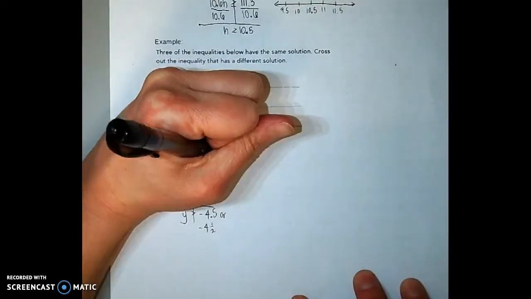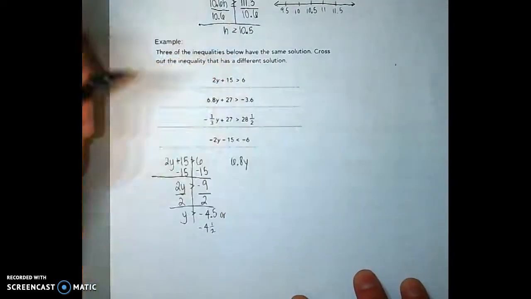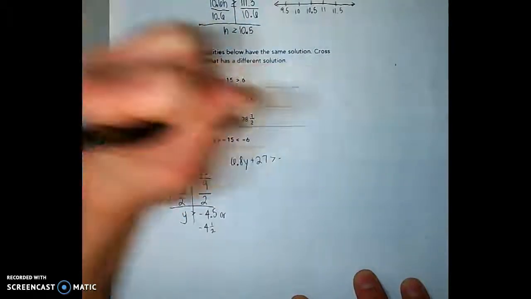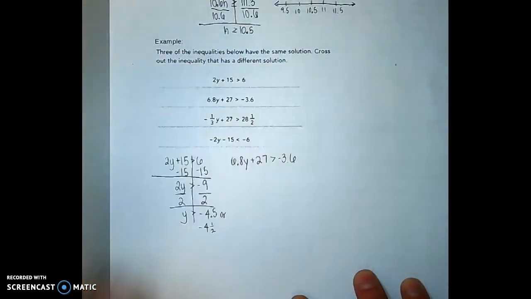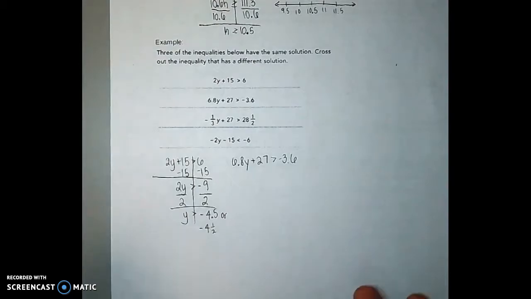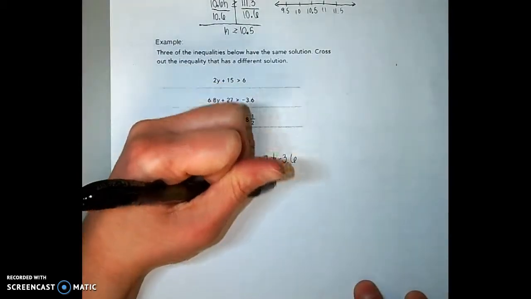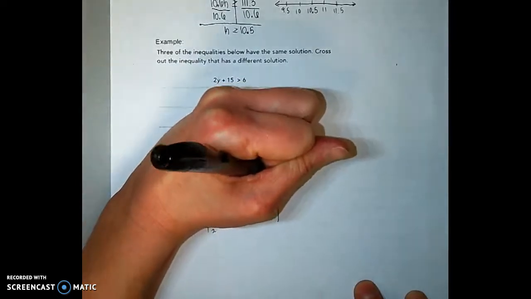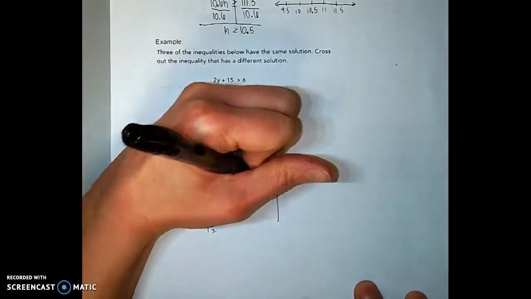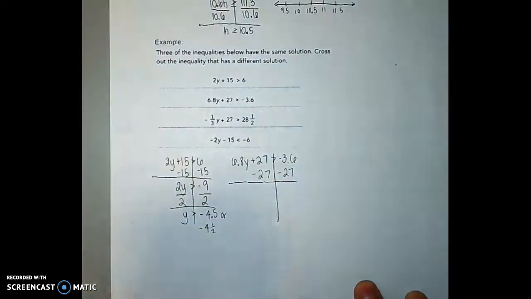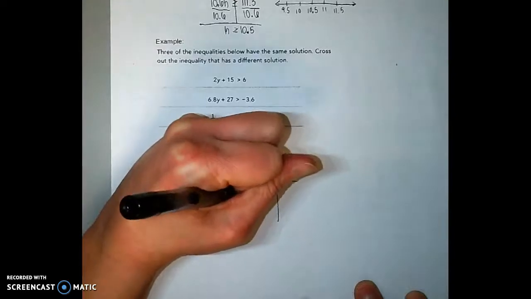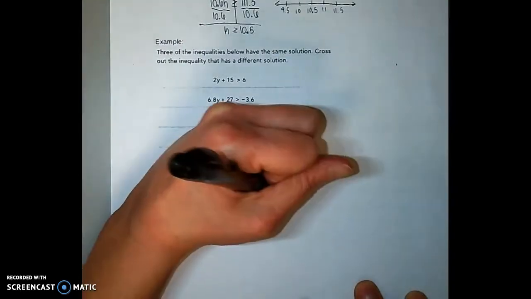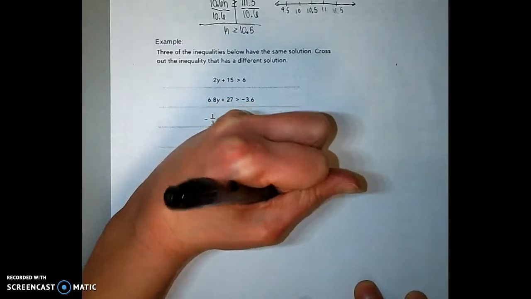So our next one we have 6.8y plus 27 is greater than negative 3.6. So I have to start off by taking away 27 from both sides. Now when I take that away, I get 6.8y on the left side, and I get negative 30.6 on the right side.